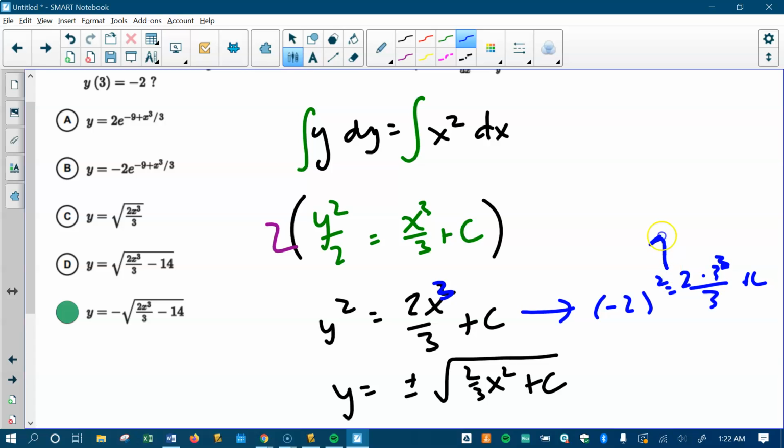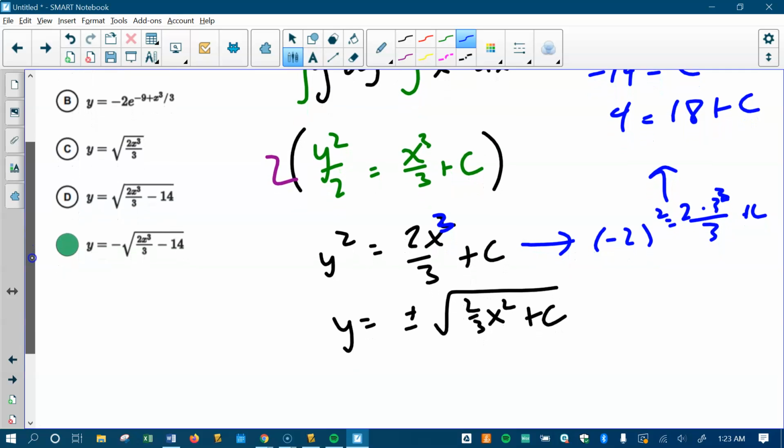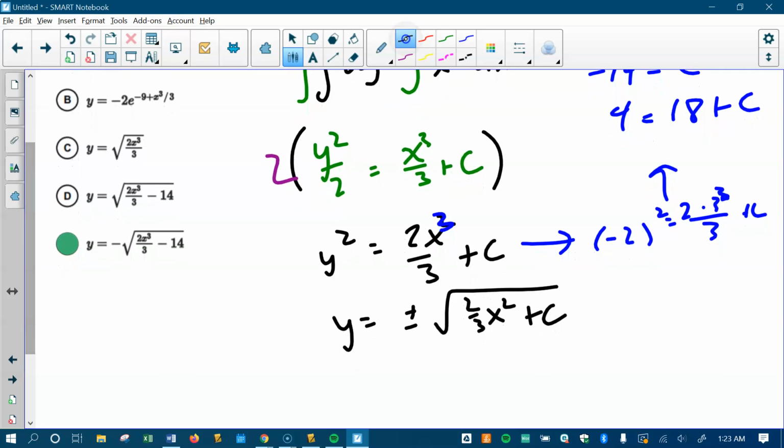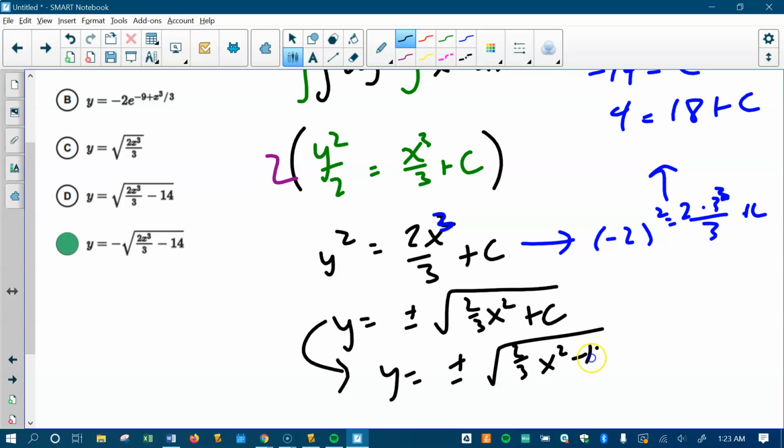And then if I do that, I get 4 is equal to, this looks like it's going to be 18 plus c, which means c is equal to negative 14. And that means that y is equal to plus or minus the square root of 2/3 x squared, and then minus 14.